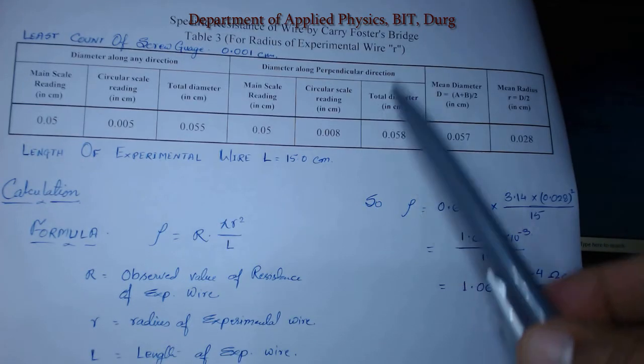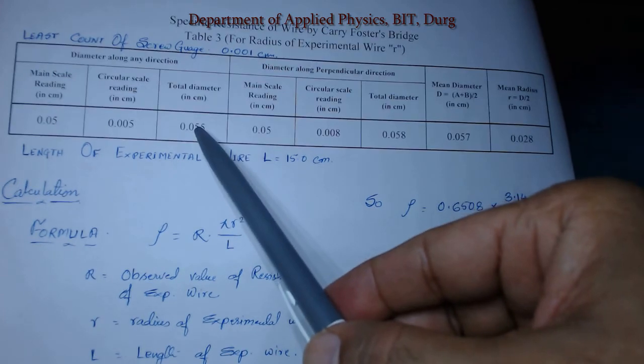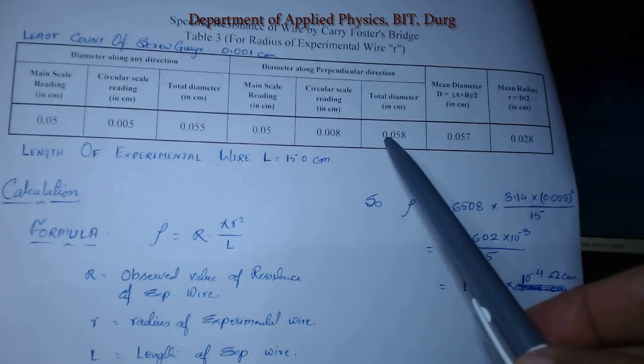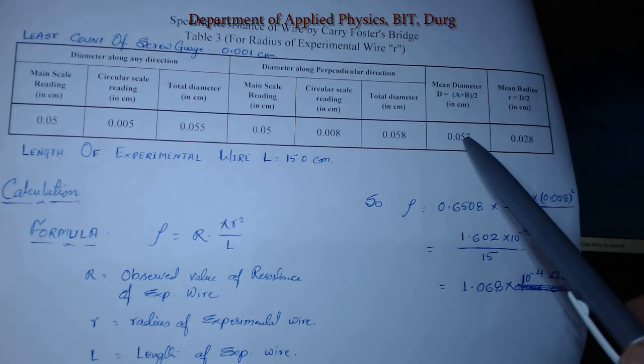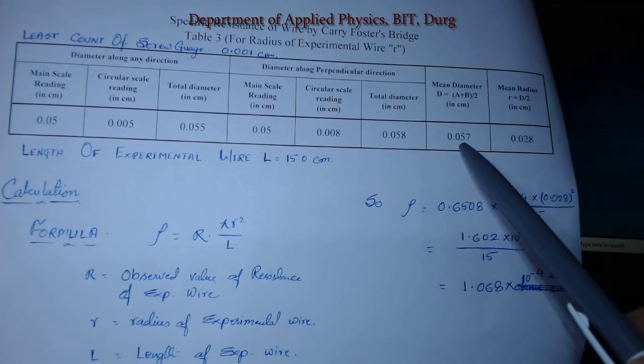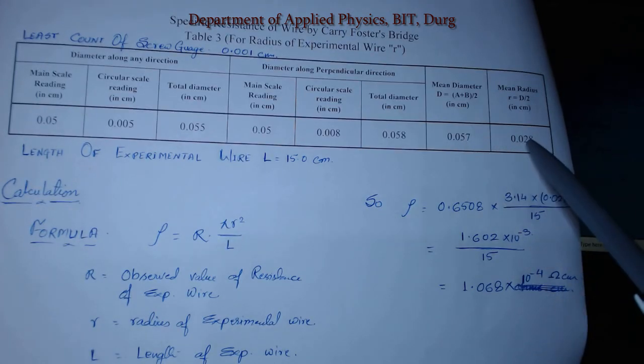Now I have the two diameters, one along any direction, the second along the perpendicular direction. I add these two and divide by 2 to get the mean diameter. The mean diameter comes to be equal to 0.057. Dividing this by 2, I get the mean radius, which is equal to 0.028 centimeters.